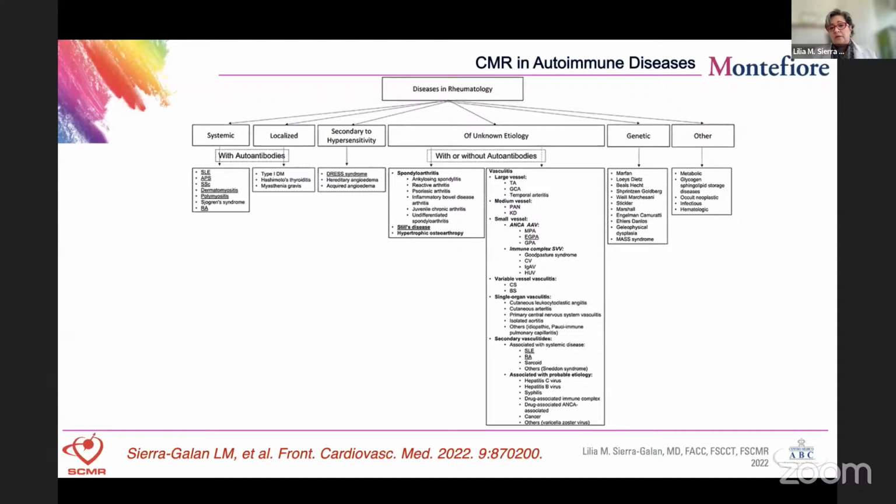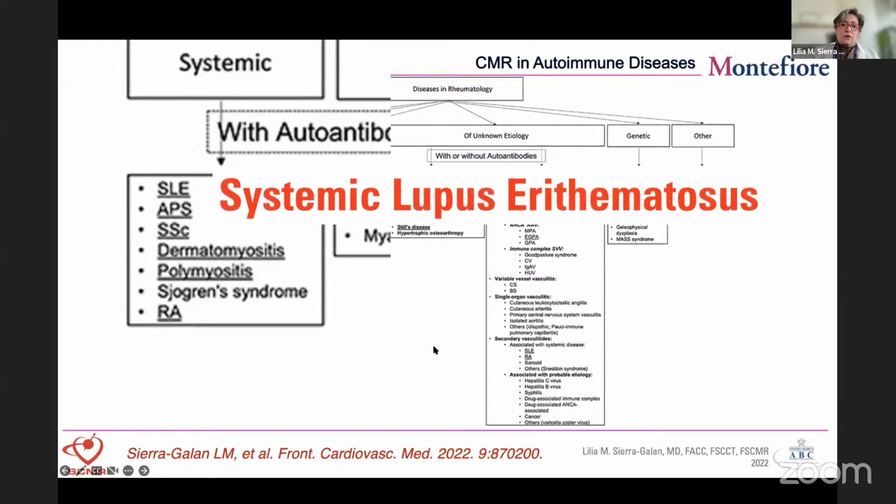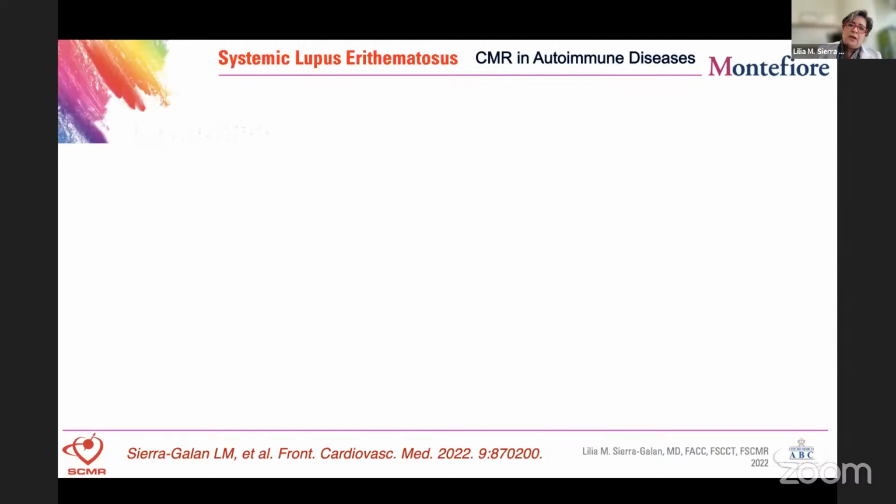So it is a very large spectrum, and very difficult to cover in just one talk. So let's go for the first one, which is the systemic ones with autoantibodies. And from them, we are going to start with lupus.